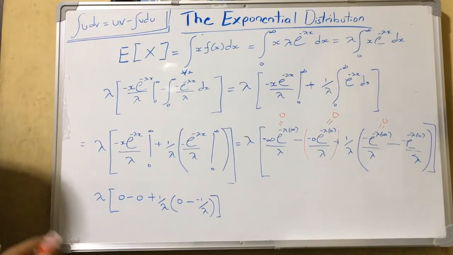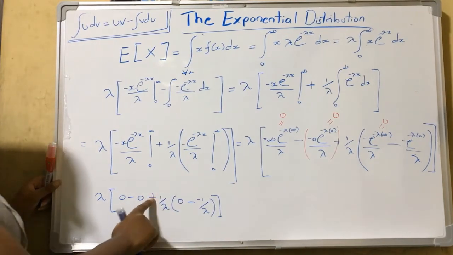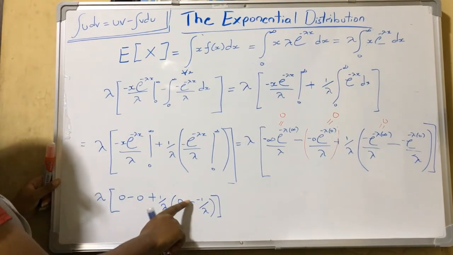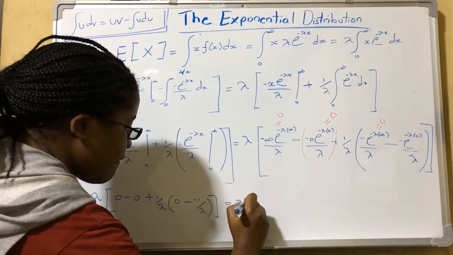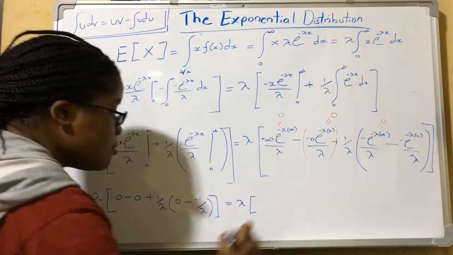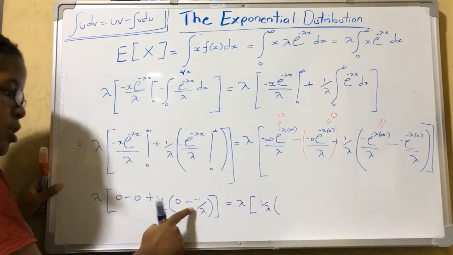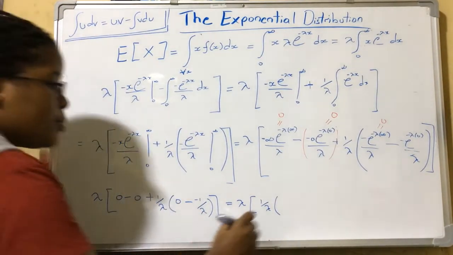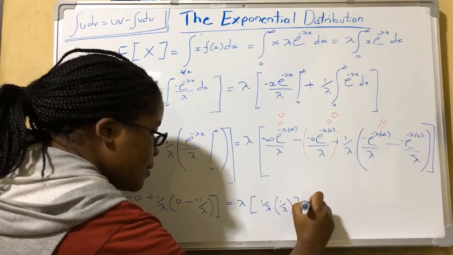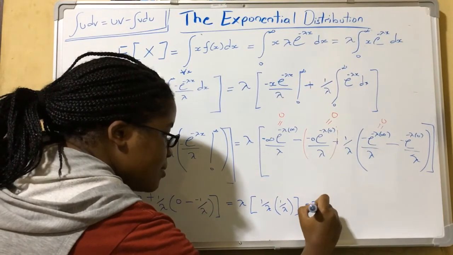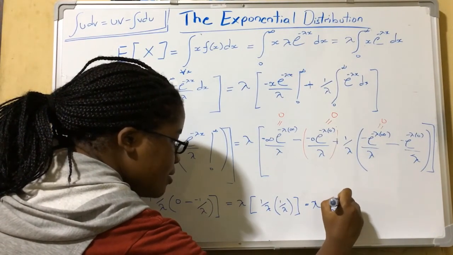Now if we go on to open the brackets, 0 minus 0 is 0 plus 1 over lambda, that's just 0, and the negative will become positive, which means I have lambda times 1 over lambda times this 0 minus negative 1 over lambda is simply 1 over lambda, which is like saying lambda times 1 over lambda squared.